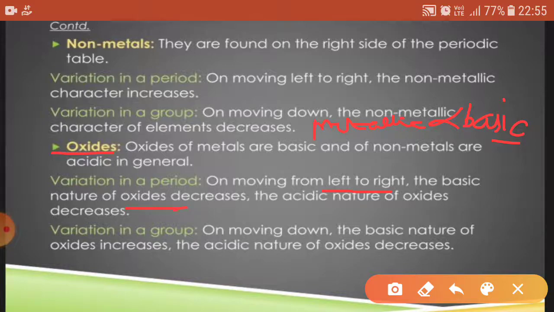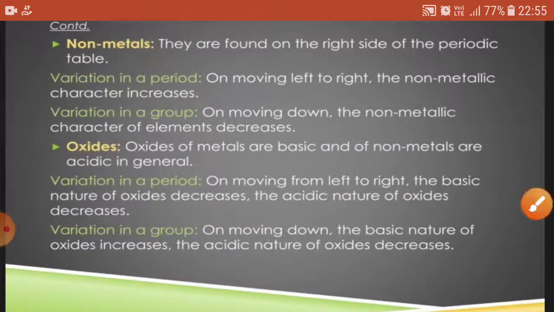That's why basic character decreases and acidic character increases. And on moving down the group, the metallic character increases. That's why basic oxides also increase, but the acidic character decreases. So it's all about the trends in the properties in the modern periodic table.